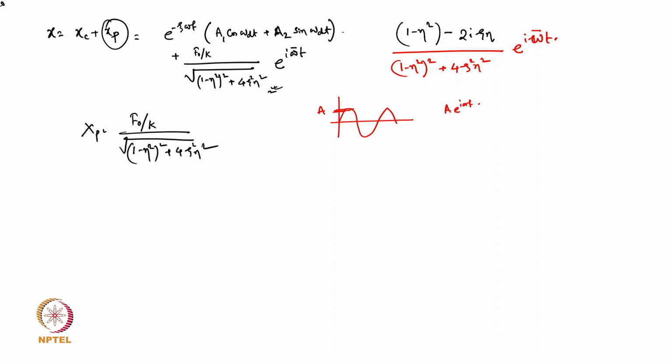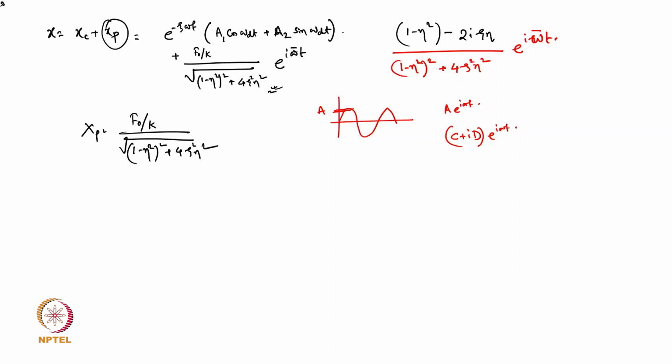Now if I say that instead of this a, I am maybe having let's say c plus id into e to the power of i omega t, how will that look like? Please tell.